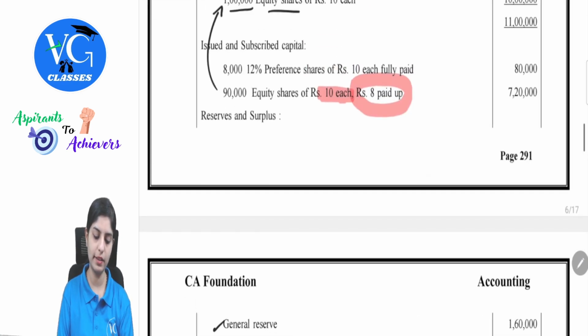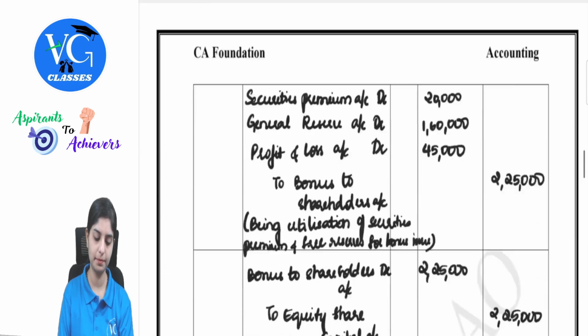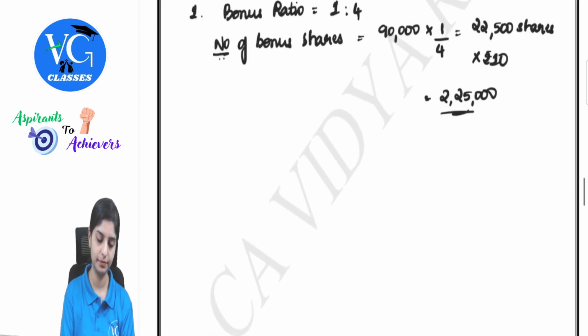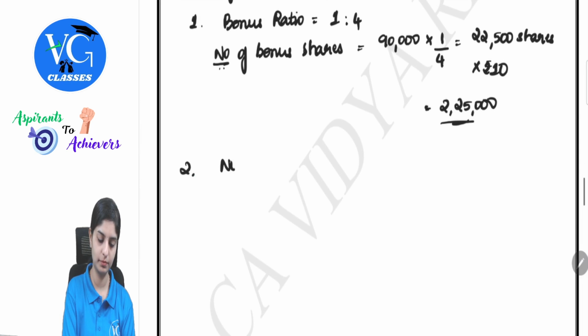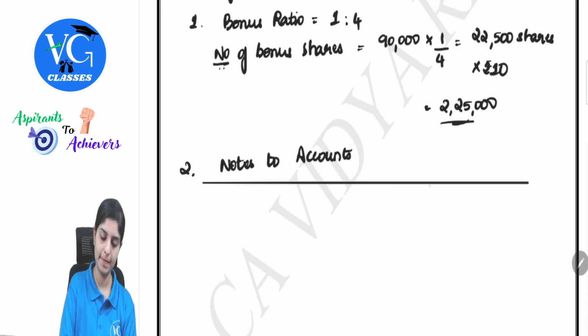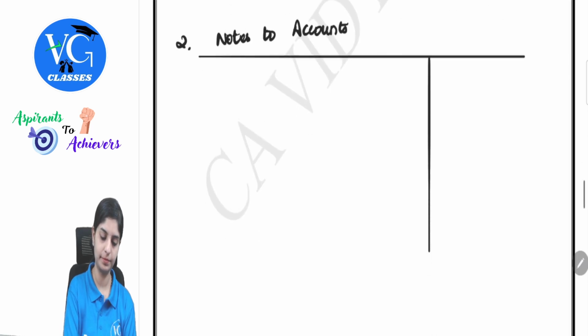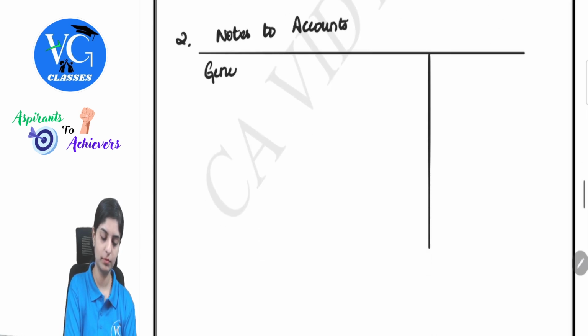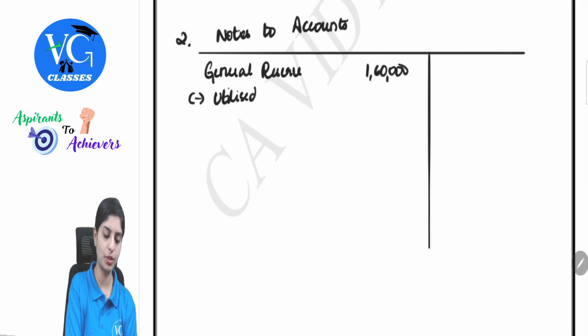There was general reserve 1,60,000. We will write this down in notes to accounts. General reserve 1,60,000 utilized for bonus issue. This is how we will present as notes.